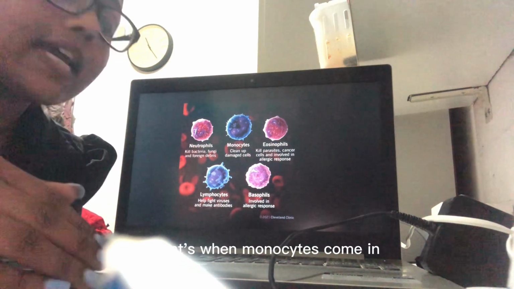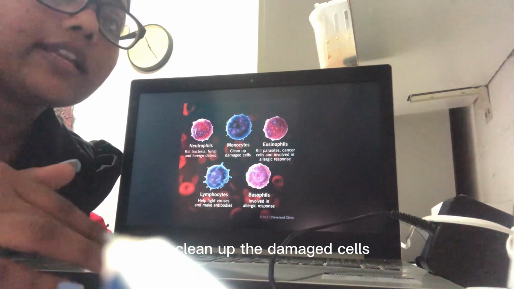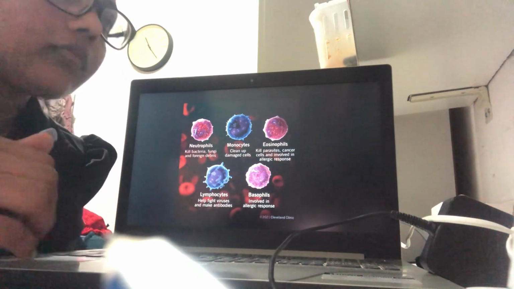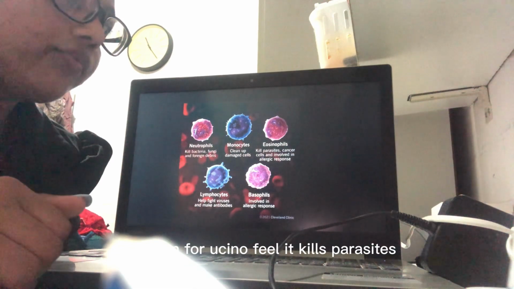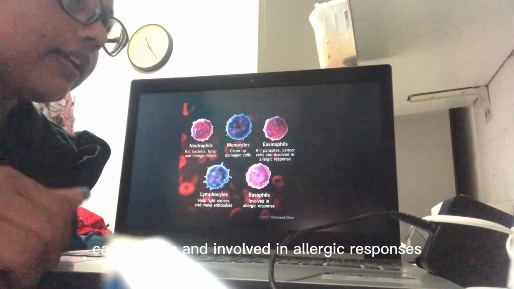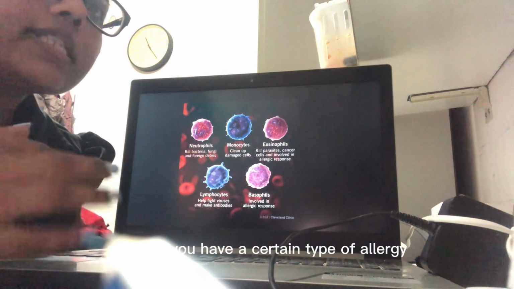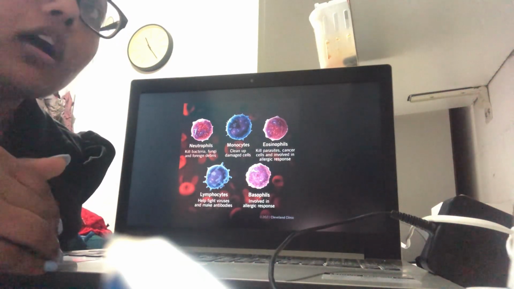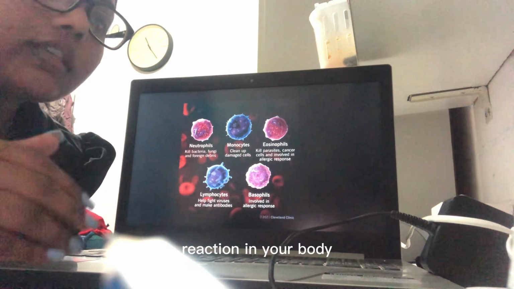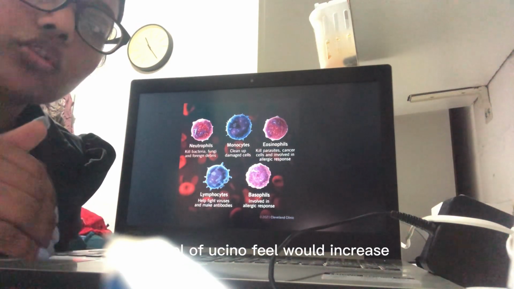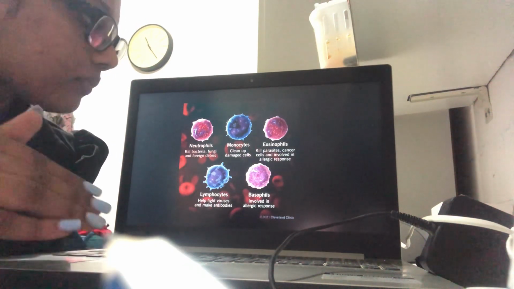That's when monocytes come in and clean up the damaged cells. Eosinophils kill parasites and cancer cells and are involved in allergic responses. So when you have a certain type of allergic reaction in your body, the level of eosinophils would increase.